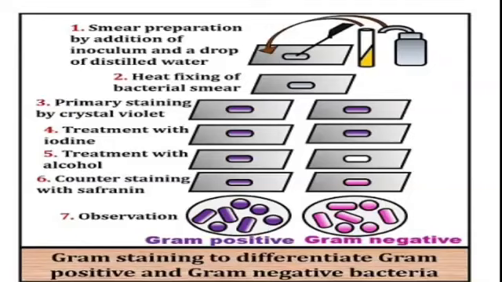Whereas in gram negative bacteria, during washing it loses its crystal violet color, and when you apply safranin, the gram negative absorbs the safranin and gives a pink color. So this is the main difference when you do a gram stain. You can easily identify whether the bacteria is gram positive or gram negative.